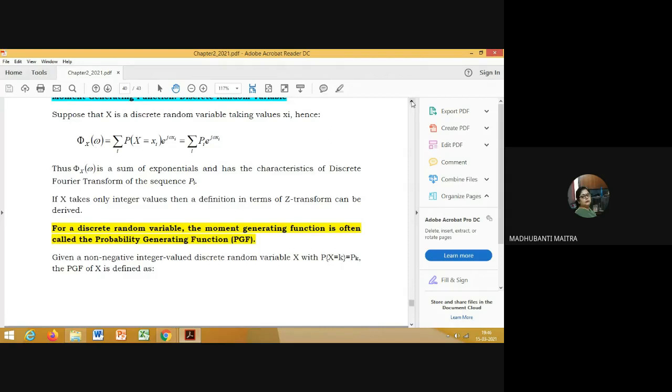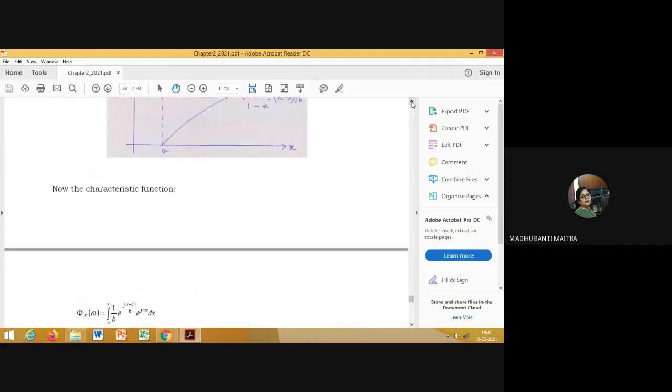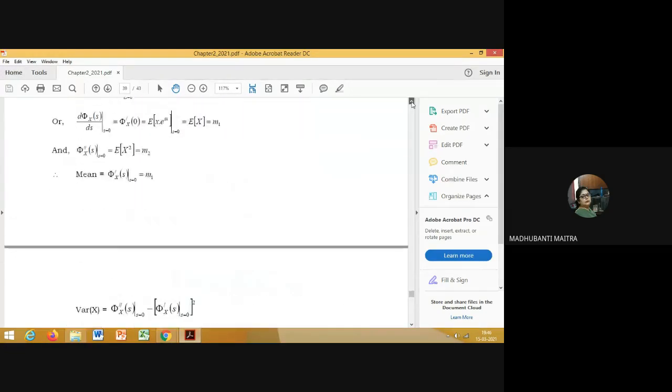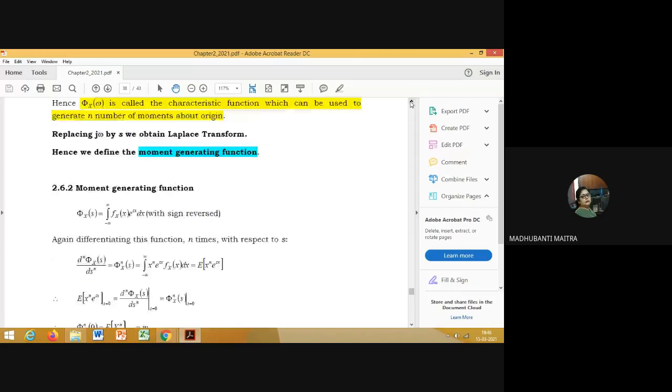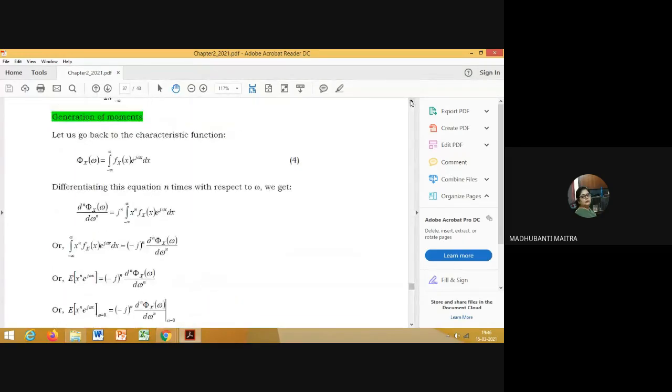The characteristic function was this. Please note it down; it will be helpful for you. The characteristic function was defined as phi x omega, where omega is the argument.